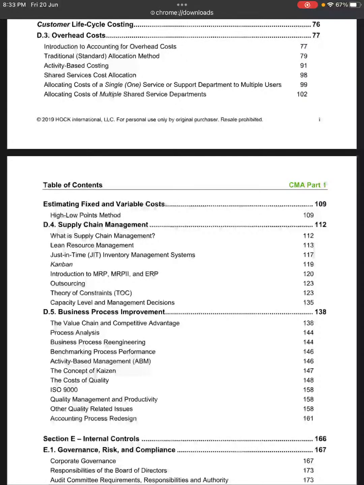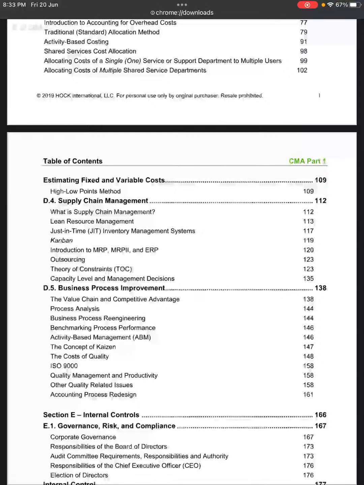In supply chain management we will study what supply chain management and resource management are, lean resource management, JIT, just in time inventory management system, Kanban, and introduction of MRP, MRP II, ERP, outsourcing, and theory of constraints, TOC also called, and capacity level and management decision.